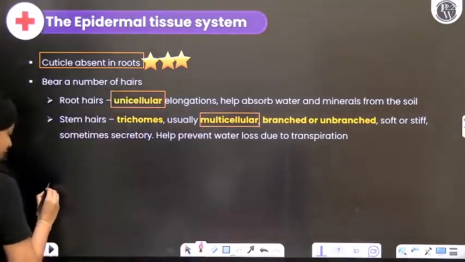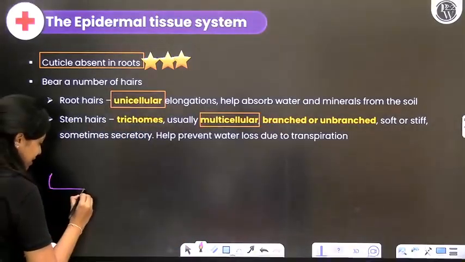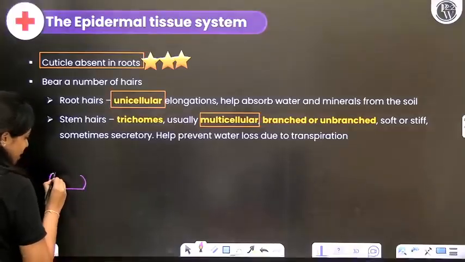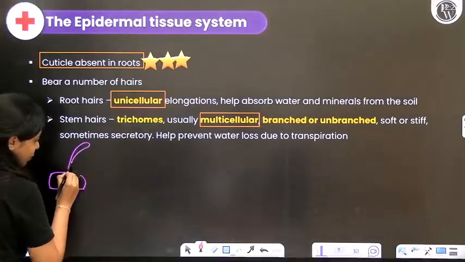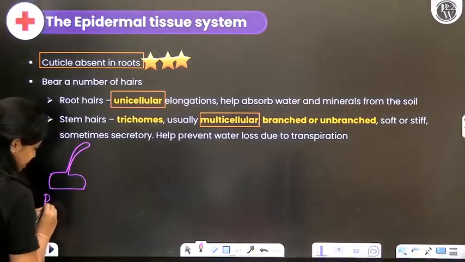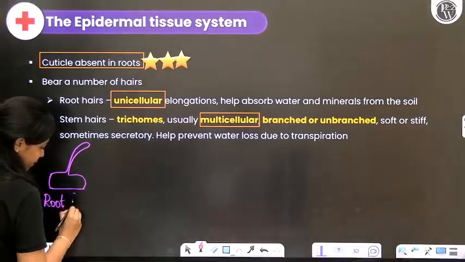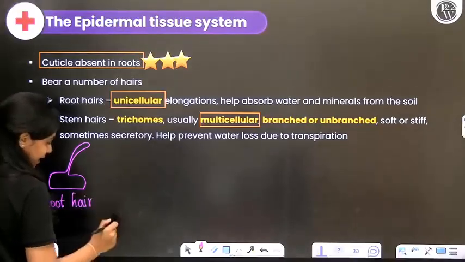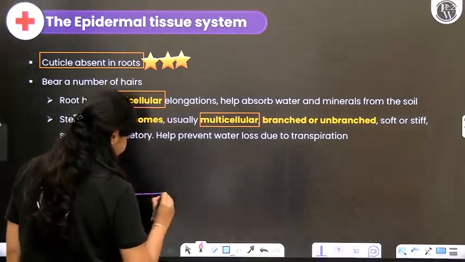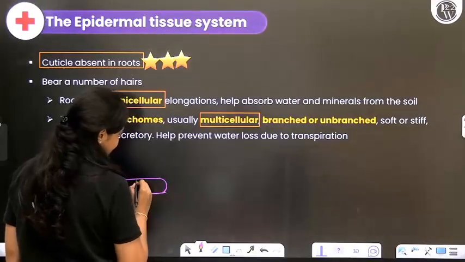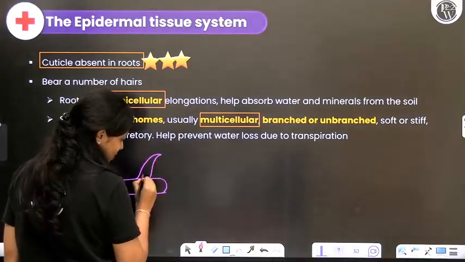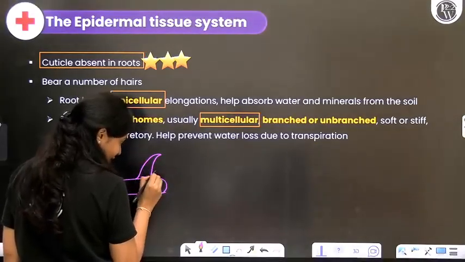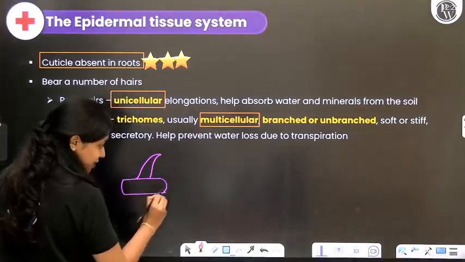What does that mean? If this is one epidermal cell in the root, one cell will give rise to one root hair. This is root hair. In stems, you will have the epidermal cell, and this epidermal cell will give rise to stem hair. But this stem hair is not a part of this cell.